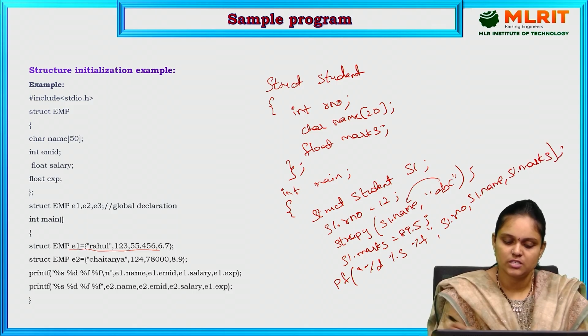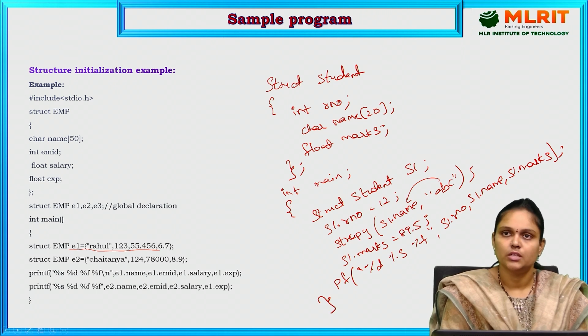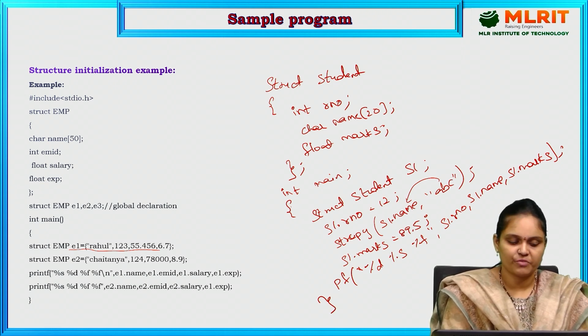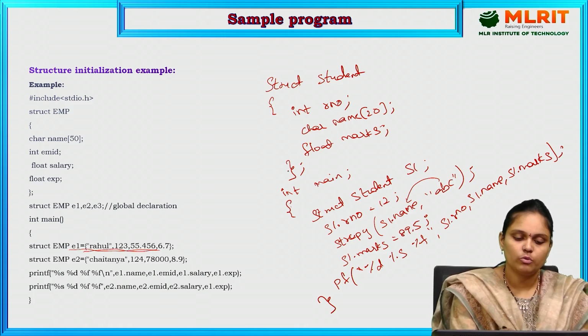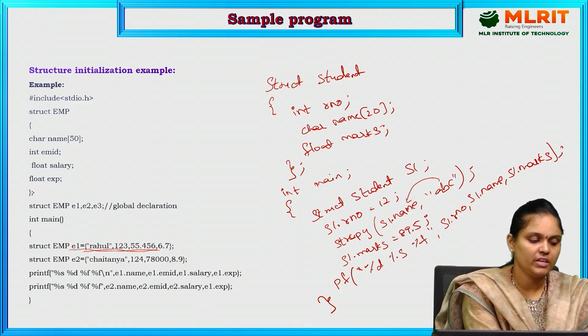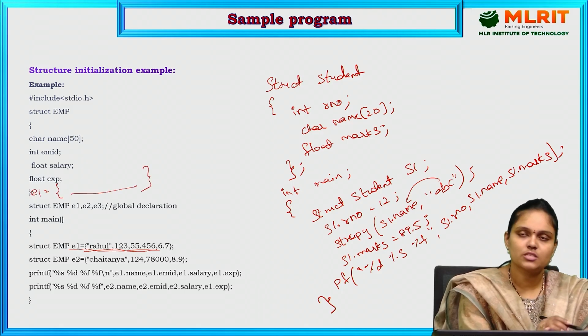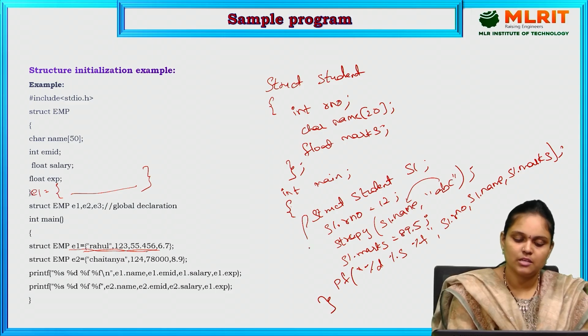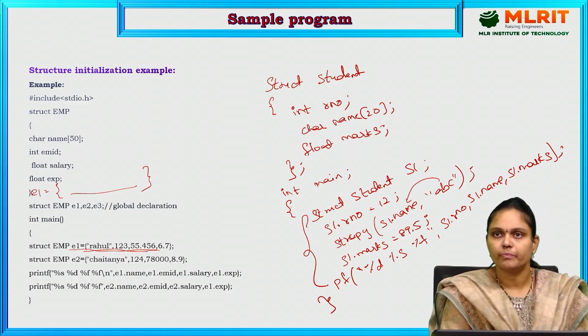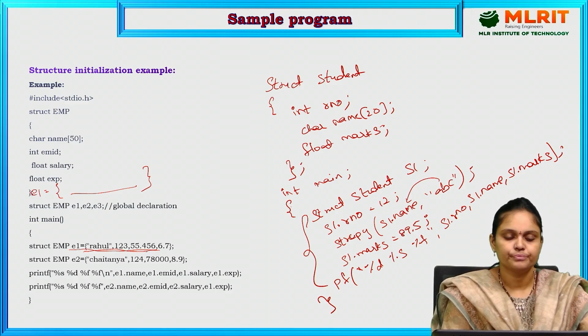Such initialization is also possible. So initialization of values can be done in these ways: one is to give the values directly over here, and also we can directly give E1 equals and all the values in curly brackets. This is possible, and this is also possible, these structure initializations. Thank you.